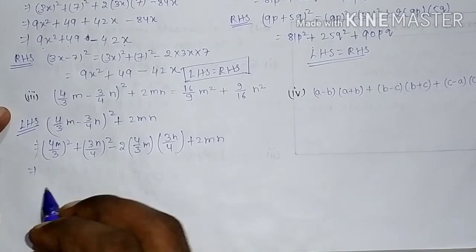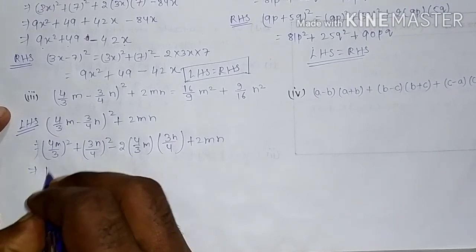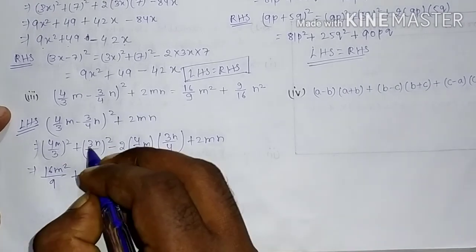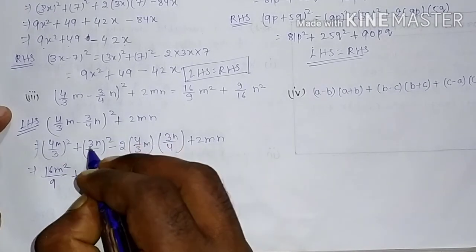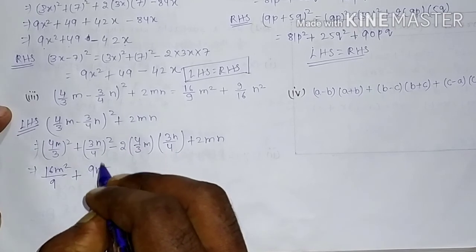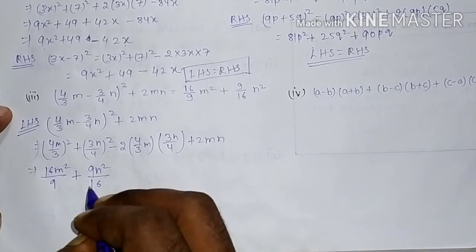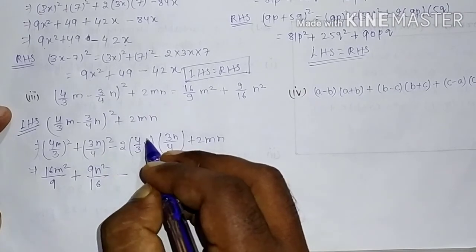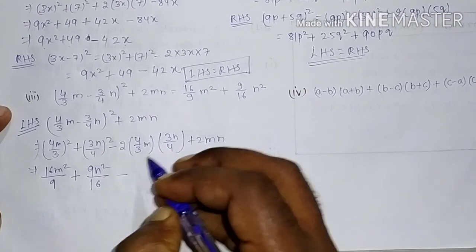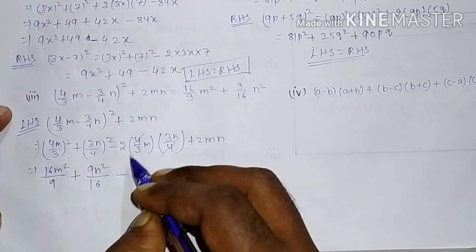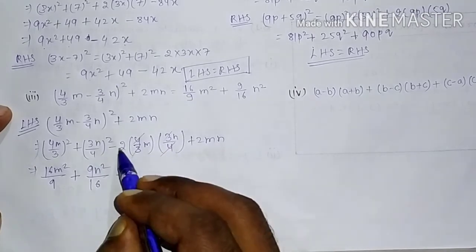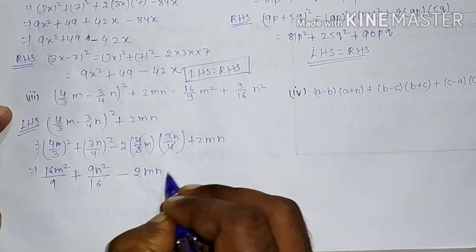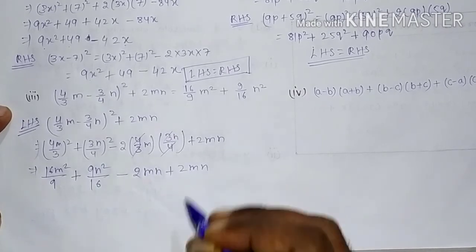Now just simplify it. (4m by 3) whole square is 16m square by 9, plus (3n by 4) whole square, so 3 squared is 9, n square by 16, 4 squared is 16, minus 2 into 4 is 8, 8m by 3. Just simplify it. 4 and 4 cancel out, 3 and 3 cancel out, so 2 into m into n, it will be minus 2mn plus 2mn.